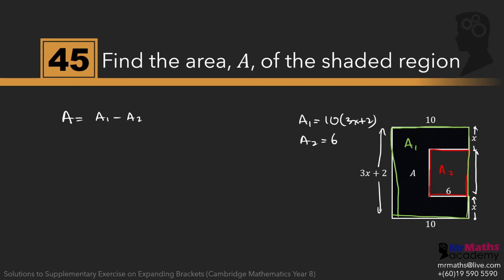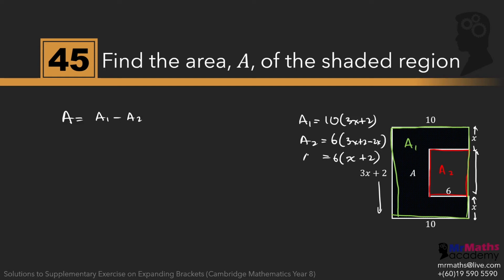So that is basically an expression of 3x plus 2 and then minus 2x. I guess I'm going to need to delete the arrow to give it room. So A2 is 6 times 3x plus 2 minus 2x. So that becomes x plus 2.